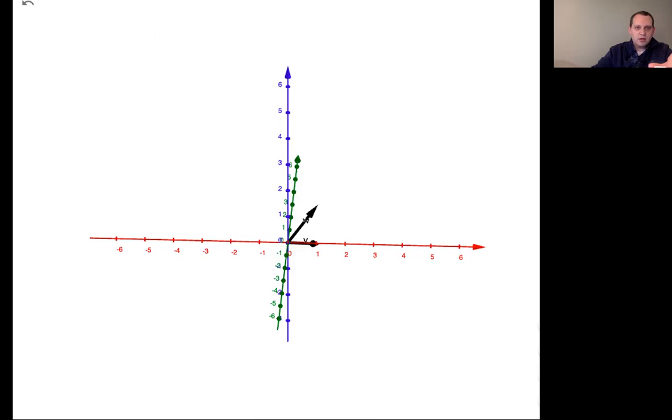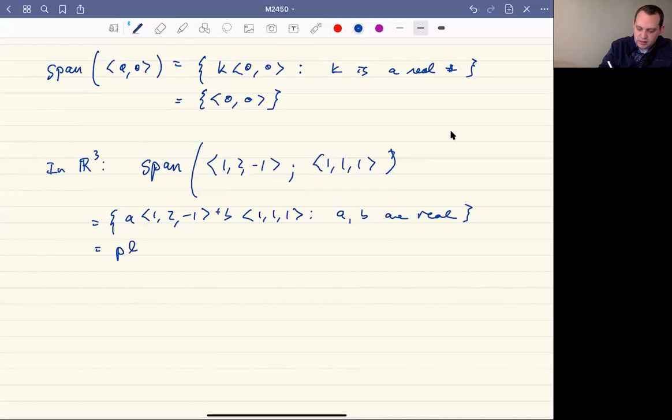So let's write this because I'm getting a little wordy here. The span of the two vectors (1, 2, 1) and (1, 1, 1) turns out to be the plane through the origin containing these two vectors.